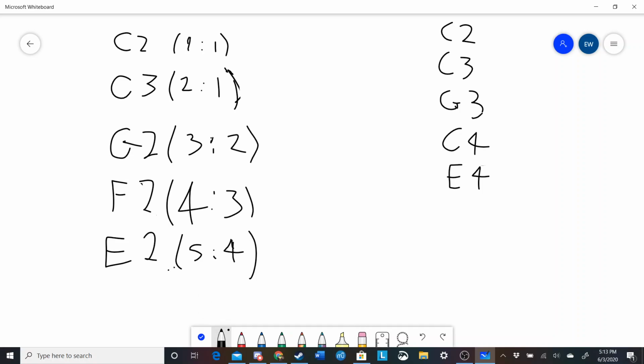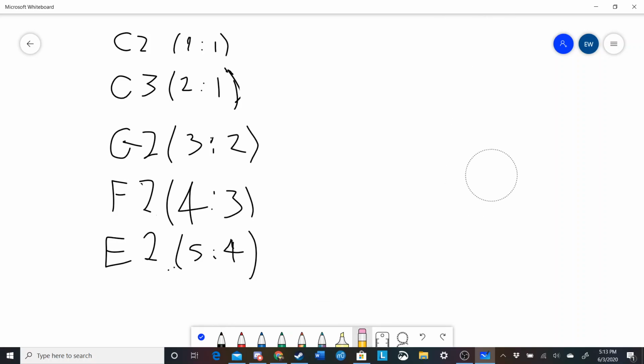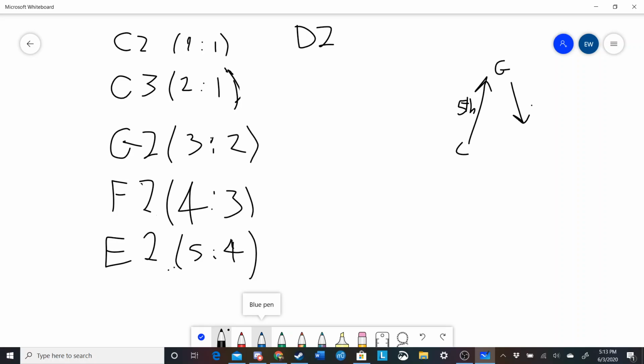So let's try to construct what's it called? D. So D2 is going to be, think of it like this. We're going up by a fifth, gives us G, and then down by a fourth, gives us D. So D2 is going to be 3 to 2, which is a fifth up, times 3 to 4, which would be a fourth down.